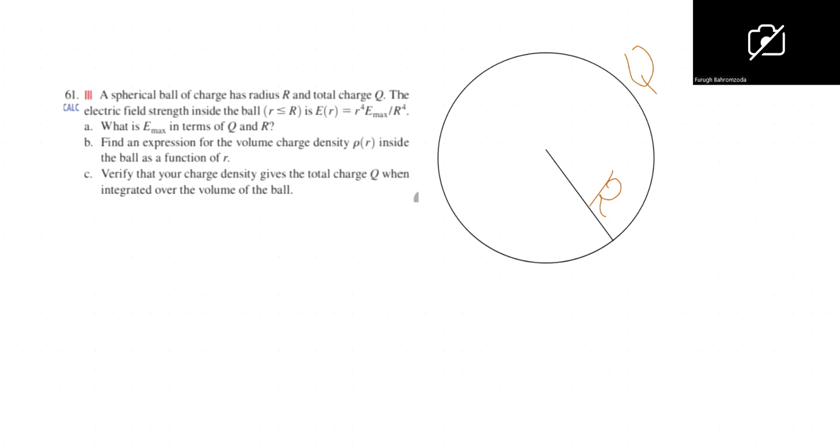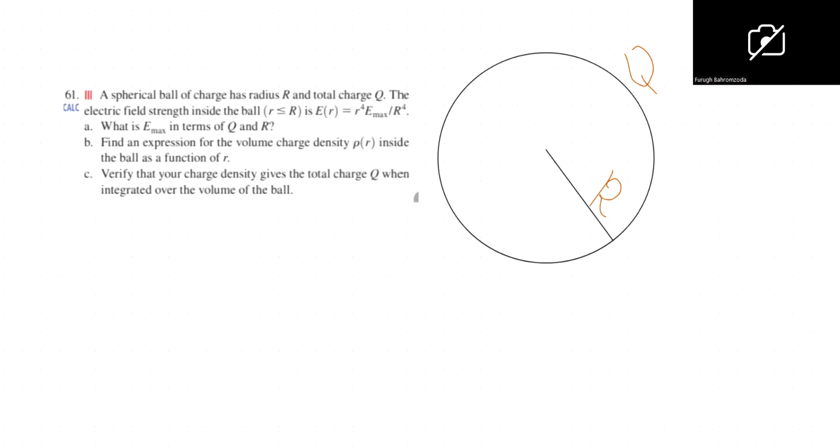And in the third part, we will be verifying that when we integrate charge density over the entire volume of the sphere, we will obtain the total charge Q as it is said here. So this problem is a great application of Gauss's law, and it shows how symmetry can simplify our work, and it is really way easier to use Gauss's law than superposition. So let's get started.